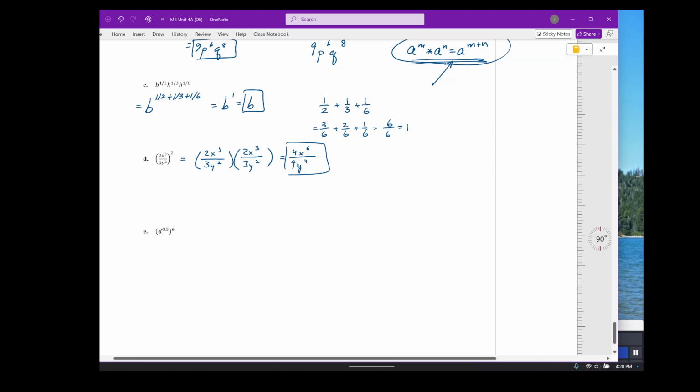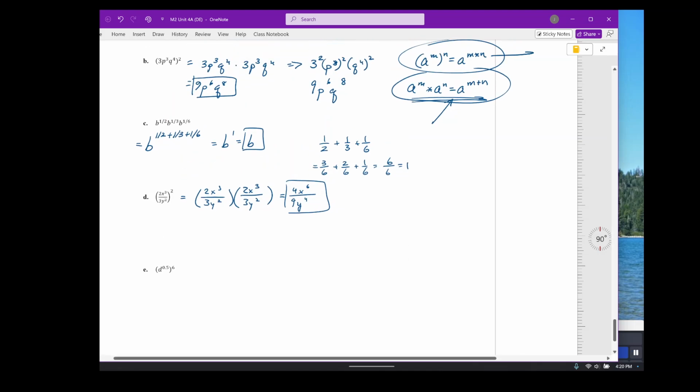And then there's this last one, d to the 0.5 to the 6th. Well, that uses this idea up here, right? It's something to a power, all to another power. So then you multiply the powers. So this really just turns into d cubed. Now, d to the 0.5 is really d to the 1/2, and we learned back in number 5 that that's the same thing as root d.